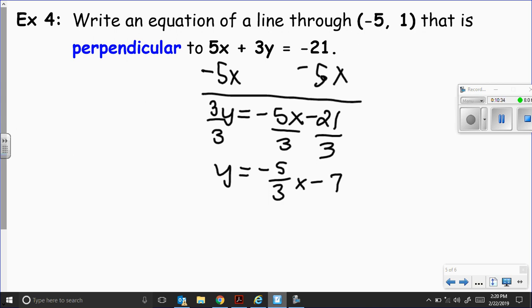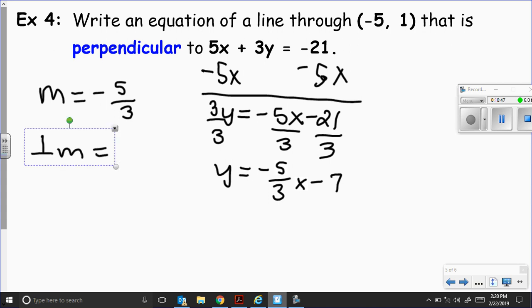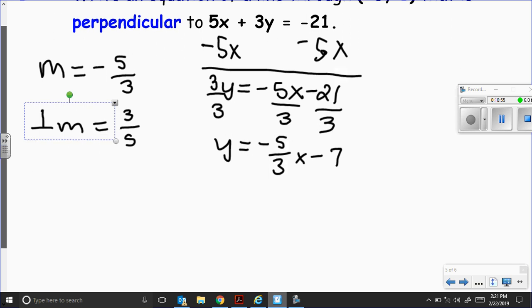So now we know that this equation has a slope of negative 5/3. And if we want the perpendicular slope, remember we need to change the sign, so it's going to be positive, and flip the fraction, 3/5. So now we're going to use 3/5 in our point slope formula.